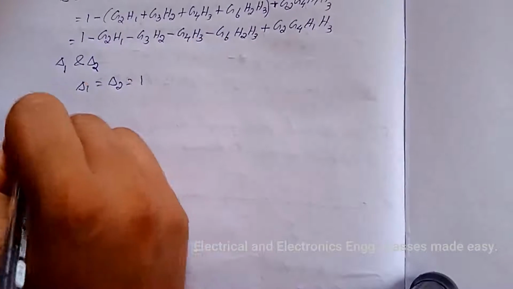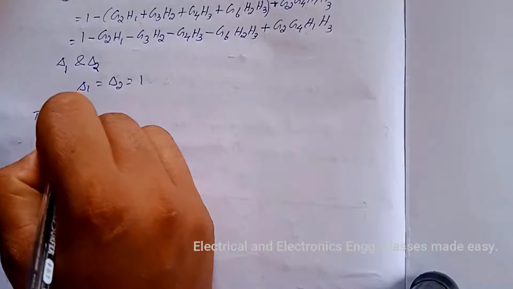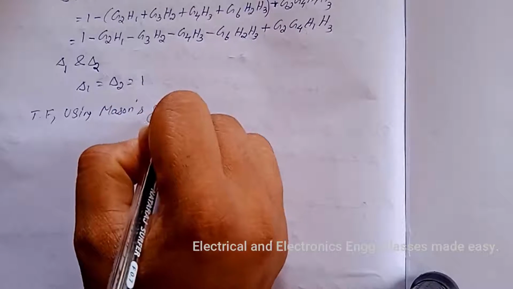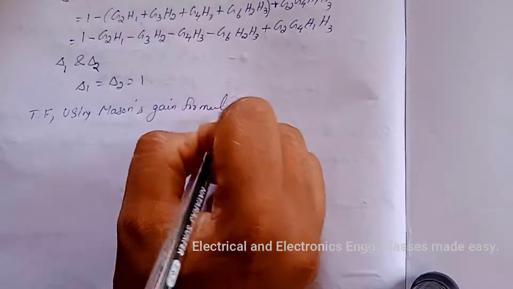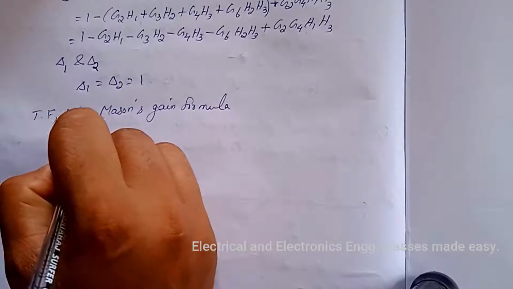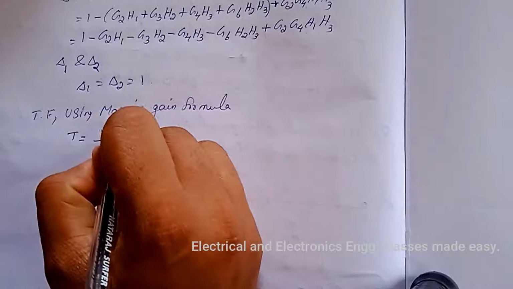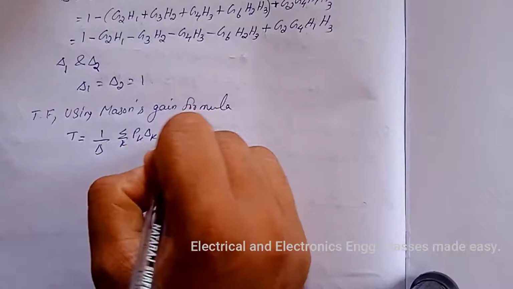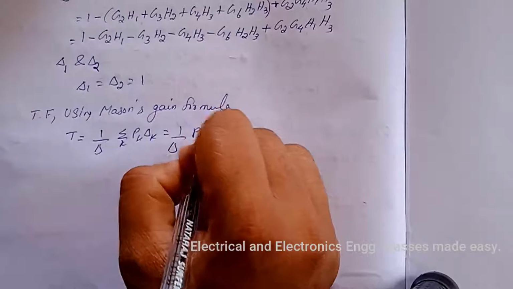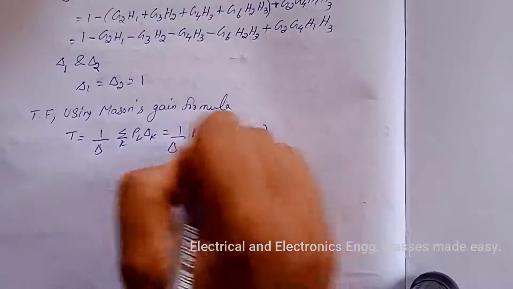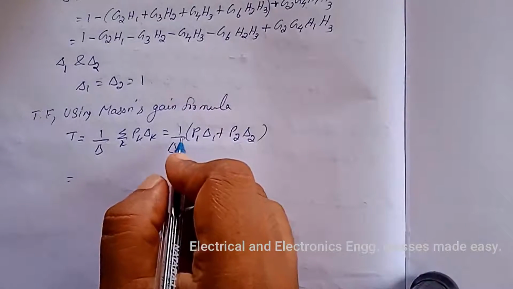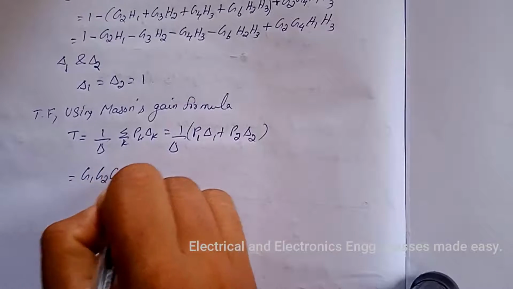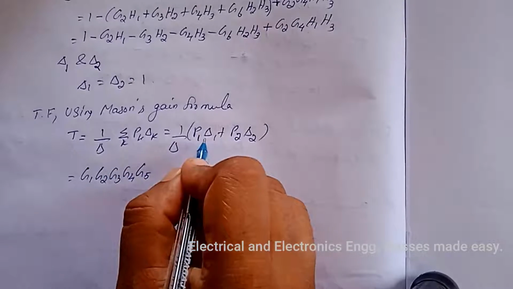Now we can find the value for the transfer function using Mason's gain formula. That is transfer function equal to 1 by delta sigma k pk delta k, and that is equal to 1 by delta, p1 delta 1 plus p2 delta 2. So here p1 is g1 g2 g3 g4 g5 into delta 1.